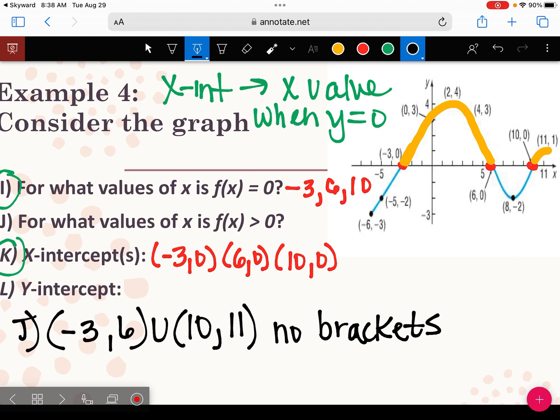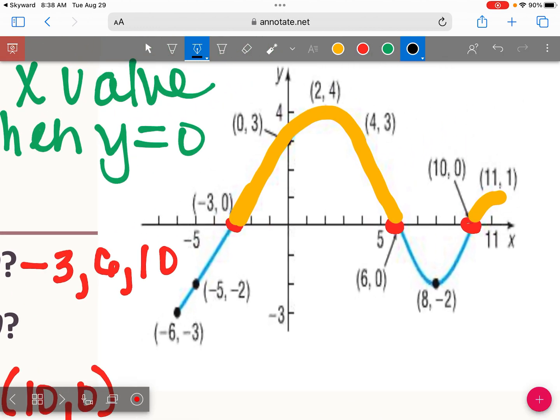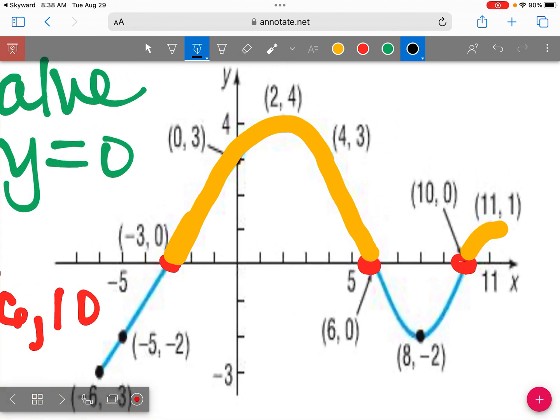So again, let me zoom in to the graph, and then I'll zoom back out again. This function is positive starting right here when x is -3, and it stays positive all the way until we get to here where x is 6. But then it becomes negative for a short amount of time, and then it's positive again here at 10.